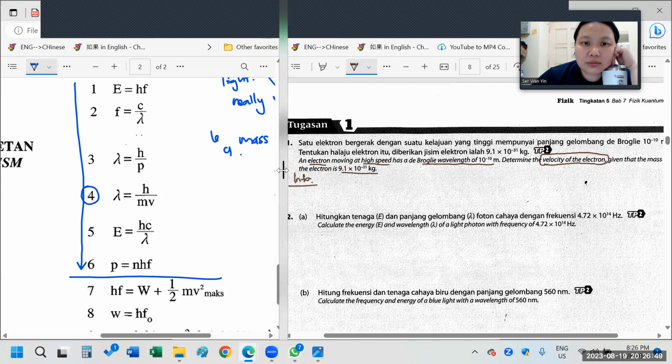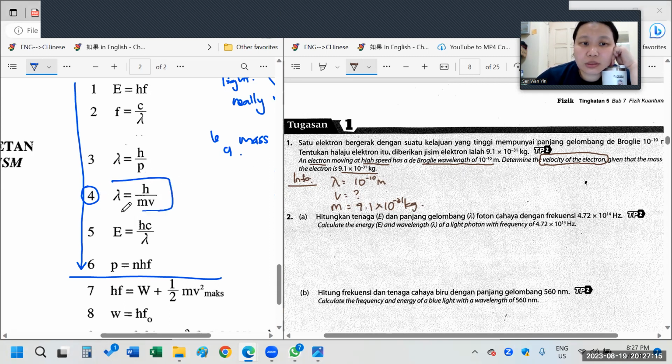So the info is wavelength 10 to the power of negative 10 meter. Velocity we don't know. Mass of the electron 9.1 times 10 to the power of negative 31 kg. Then, yes, correct, it fulfills number 4. So we copy the formula. Please copy. Then only we substitute.